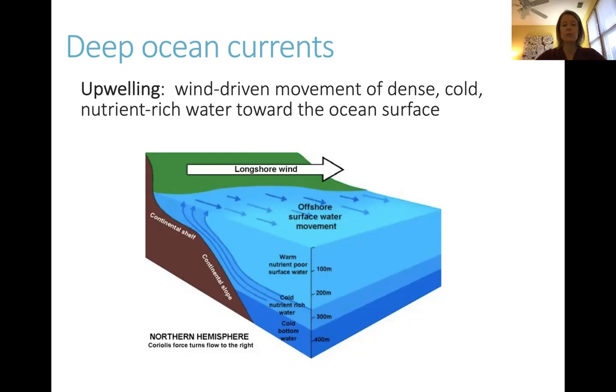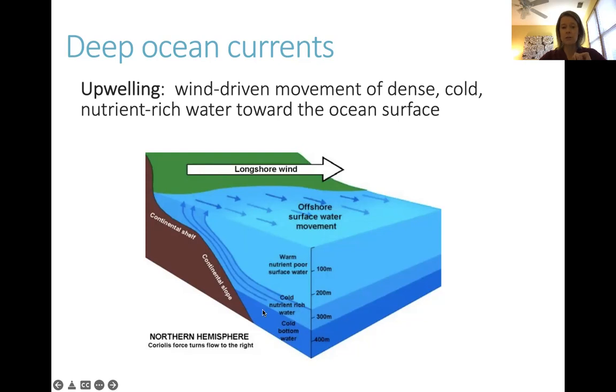I won't go into the details of this longshore wind. Typically, upwelling happens near the edges of continents. The longshore wind along the edge of the continent is going to drive a lot of this cold, nutrient-rich water.